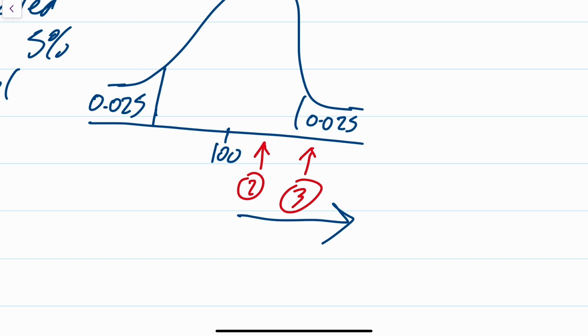So it is going to appear in here. Where this wee arrow is, that's where my 104 is going to be.